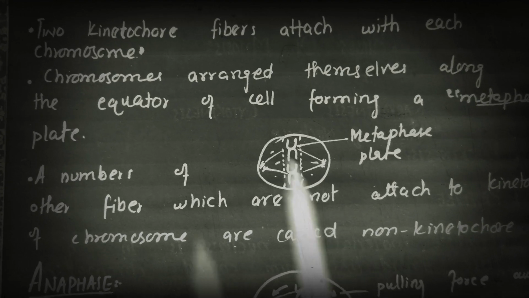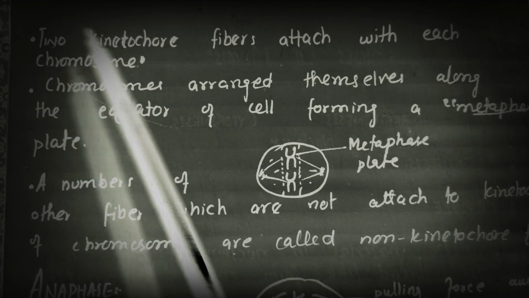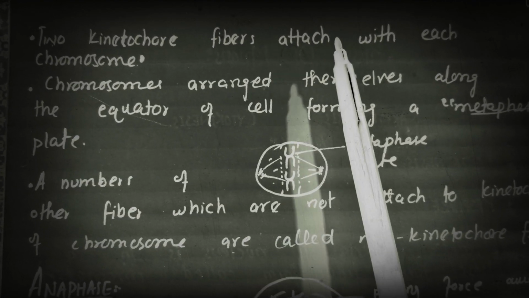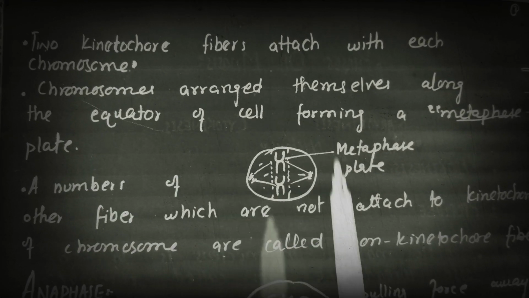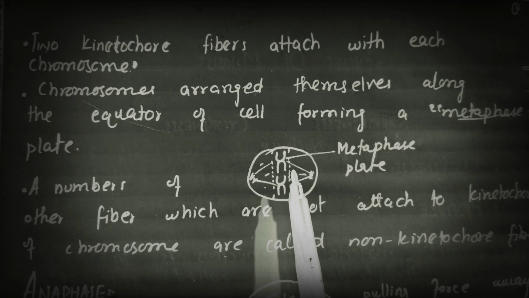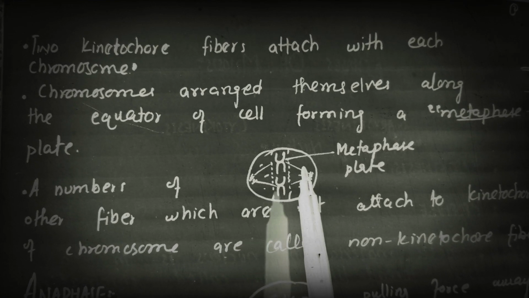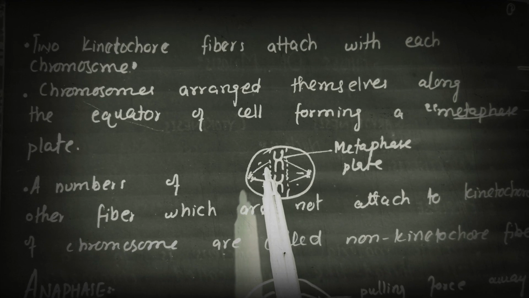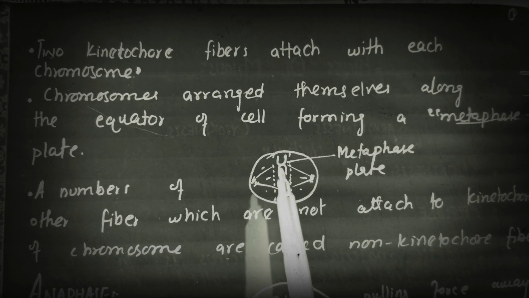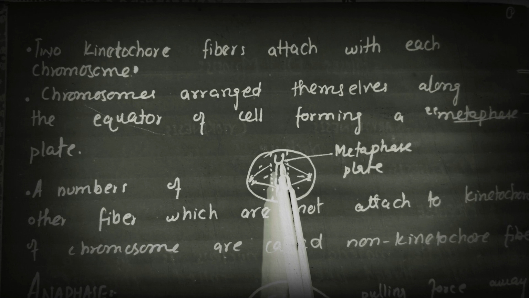And the next point is two kinetochore fibers attach with each chromosome. Two kinetochore fibers, one from each side. One fiber and a second fiber, both these kinetochore fibers attach to each chromosome.